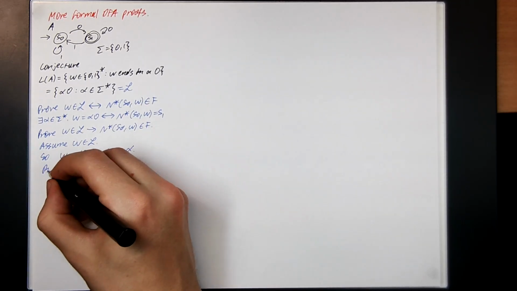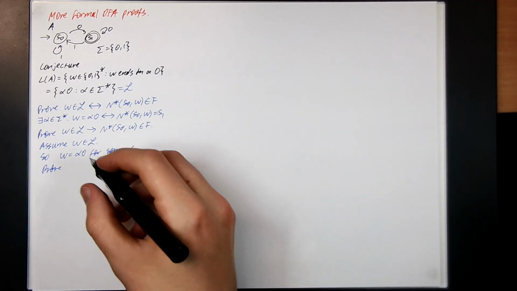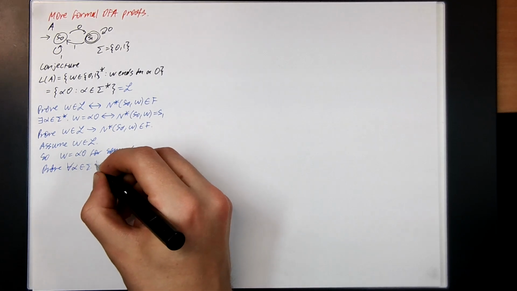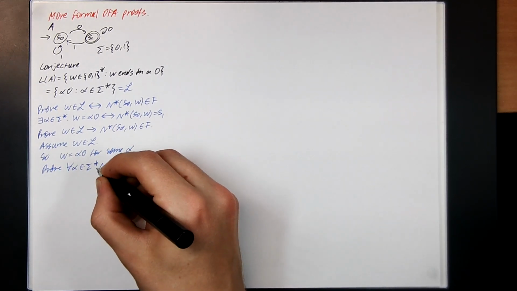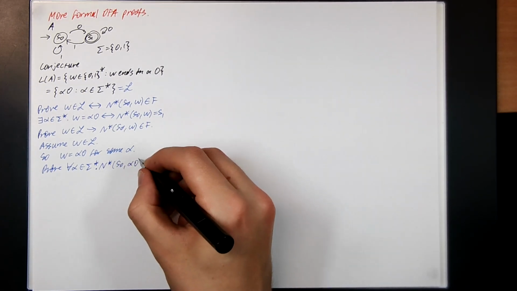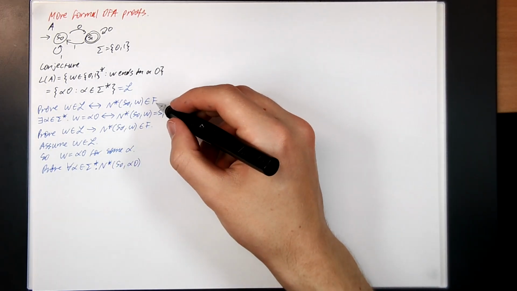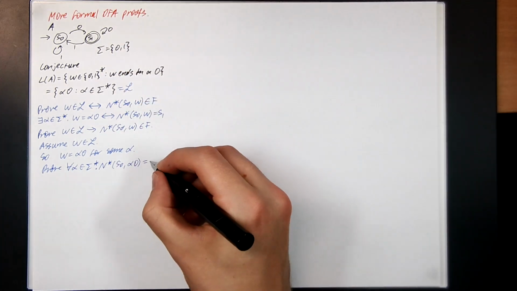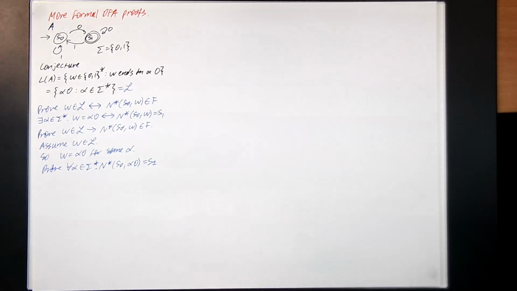Okay, so we want to prove that regardless of what alpha is, for all strings alpha, delta star of S0, so from the start state, reading alpha followed by 0 ends in a final state. And there is only one final state, so instead of writing an element of F, we can just write it as equal to S1, because there's only the one final state.